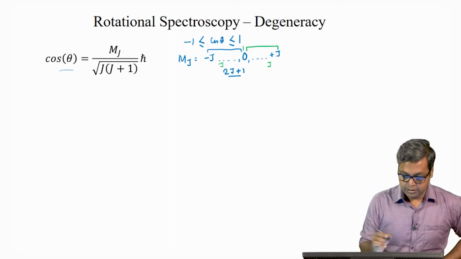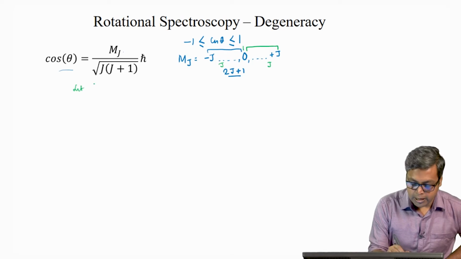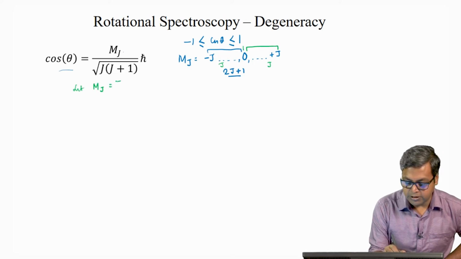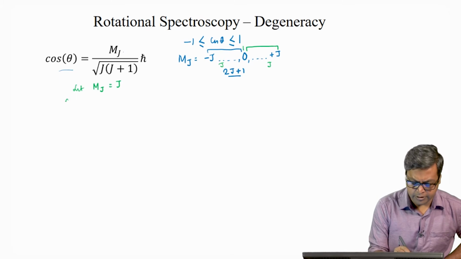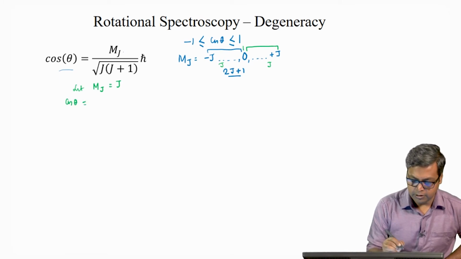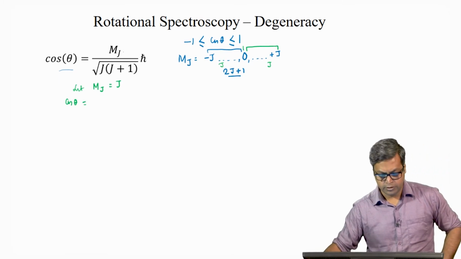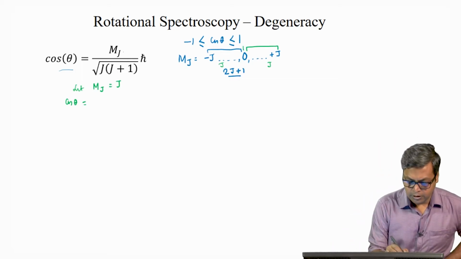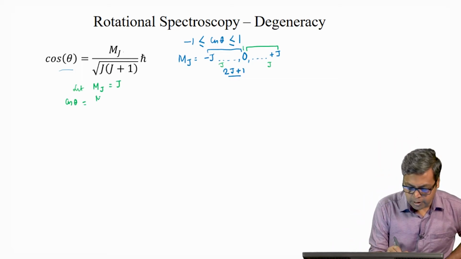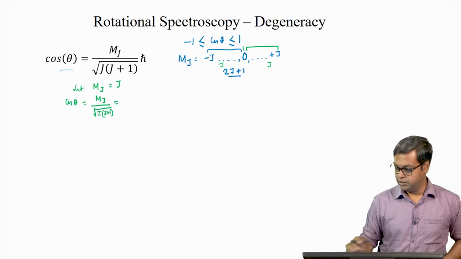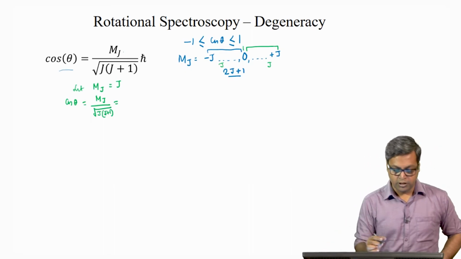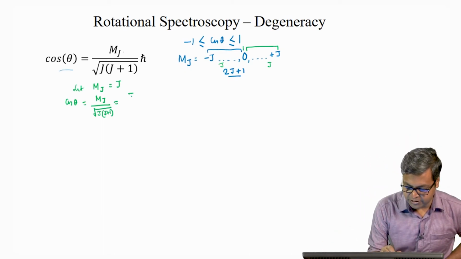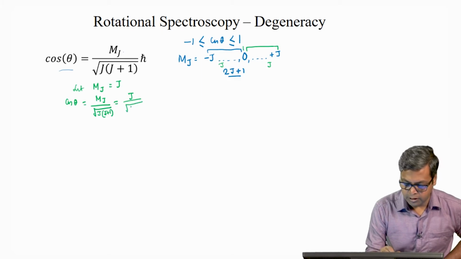So, let us assume m_j equals j. So, we can write cos theta equals m_j by root over j times (j plus 1), and because m_j equals j, this is j by root over j times (j plus 1).